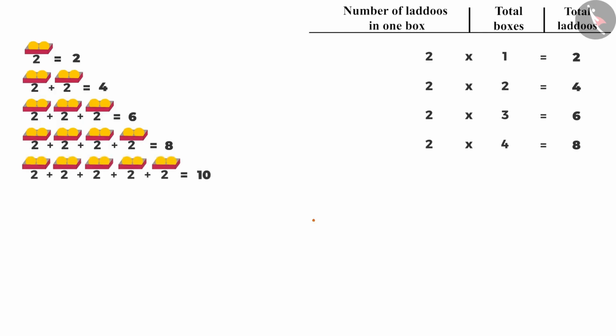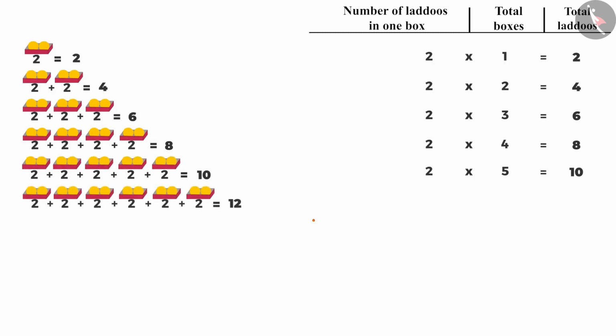Then to find the laddus in 5 boxes, we will multiply 2 by 5. Here the number of laddus is 2 and the number of boxes is 5. Then we can find that there will be 10 laddus in 5 boxes. The number of laddus in 6 boxes will be 2 multiplied by 6, that is 12.